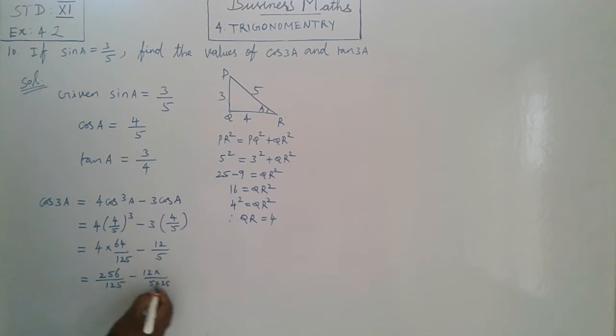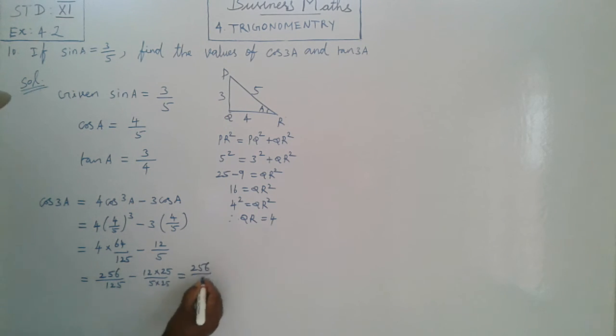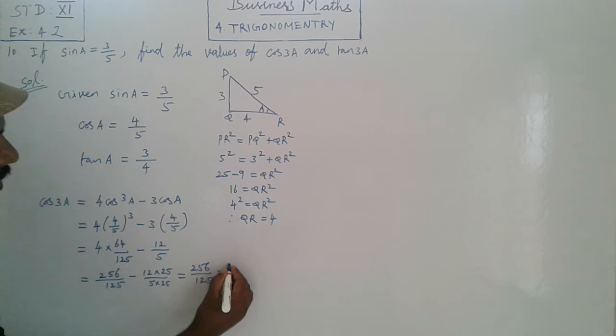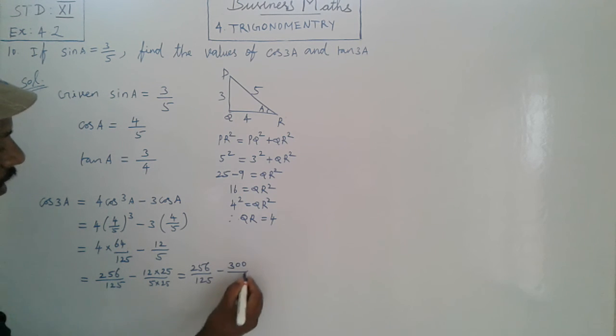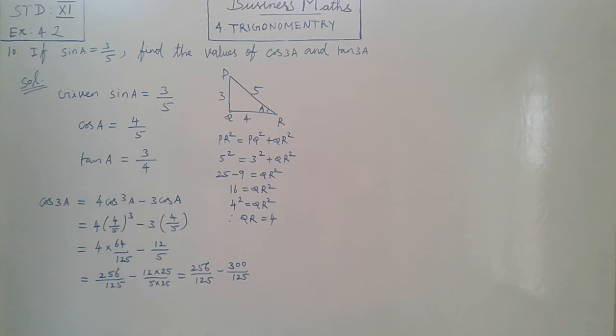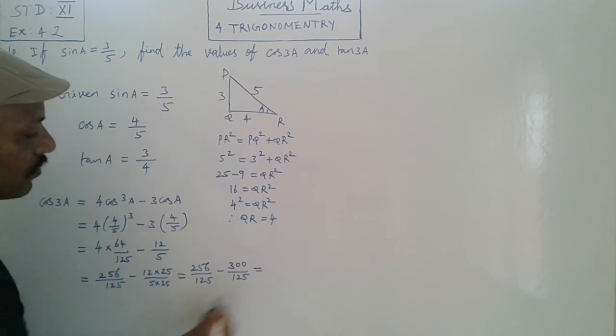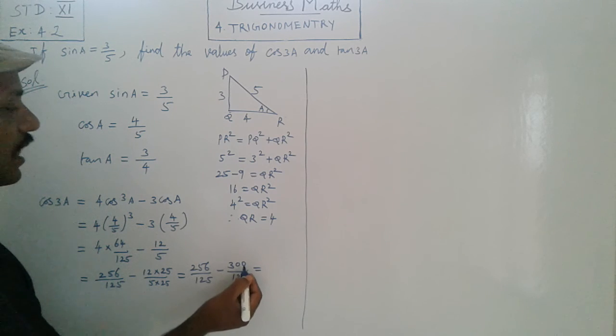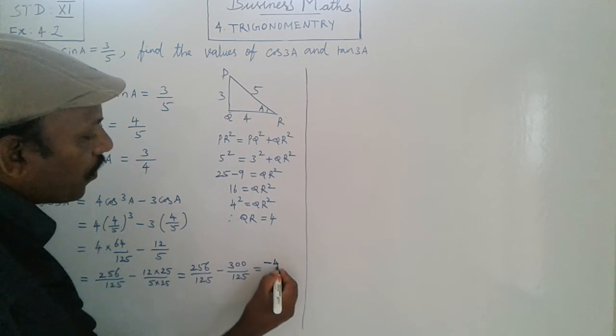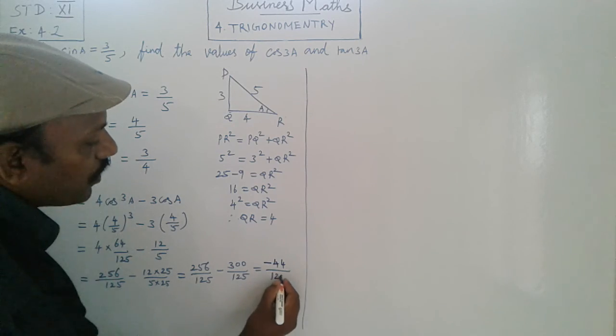So that is equal to 256 divided by 125 minus 12 into 25 is 300 divided by 125. So 256 minus 300 is minus 44 divided by 125.